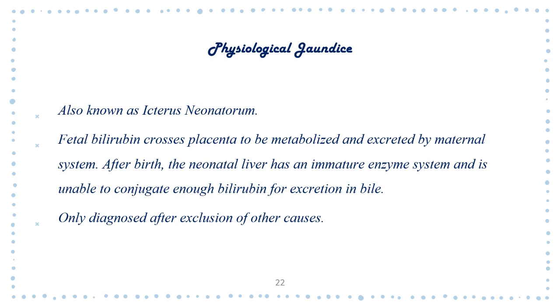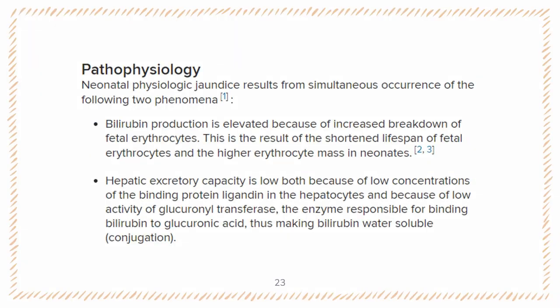But when the baby is born, the liver is still immature, the enzymes are still immature. It might not be able to conjugate enough bilirubin for excretion of bile. So it's still learning, it's still a bit slower than how it should be. But physiological jaundice can only be diagnosed after you have excluded the non-physiological or the pathological causes of jaundice.